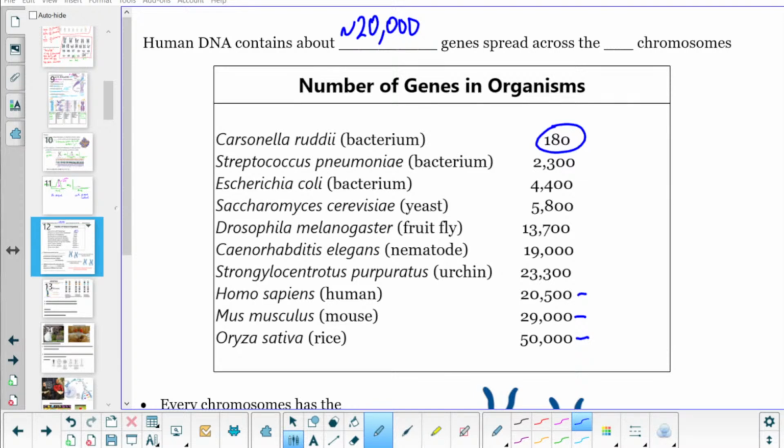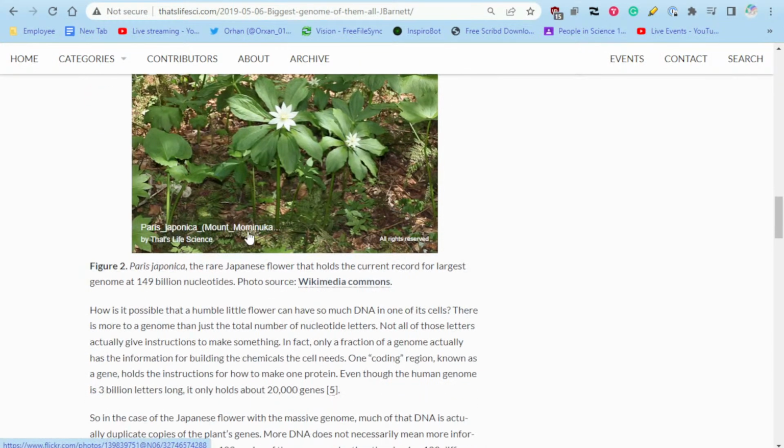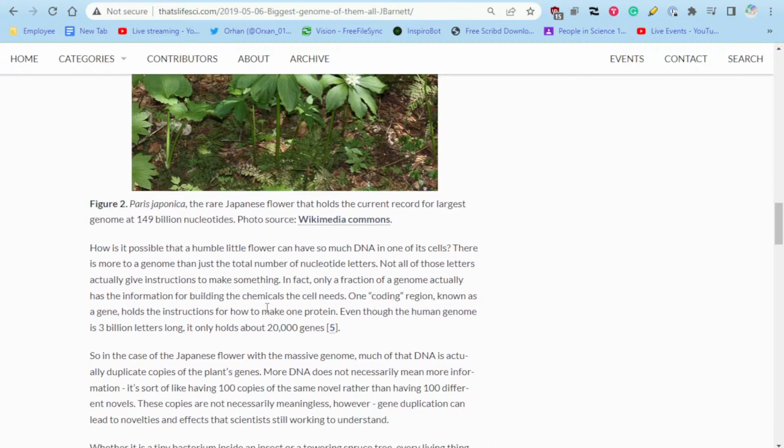Oh, and it's not that thing anymore. That's an old record. Apparently, it's a rare Japanese flower. That has the most genes? Yeah.